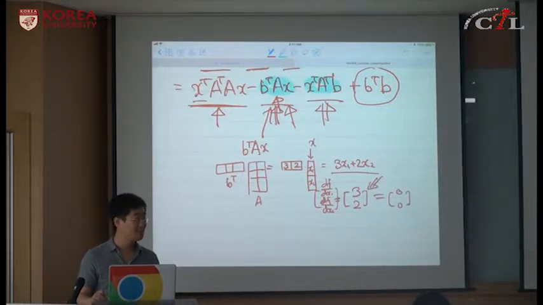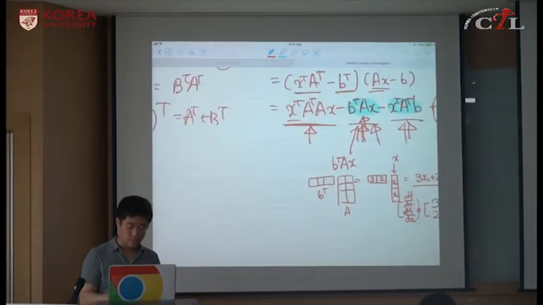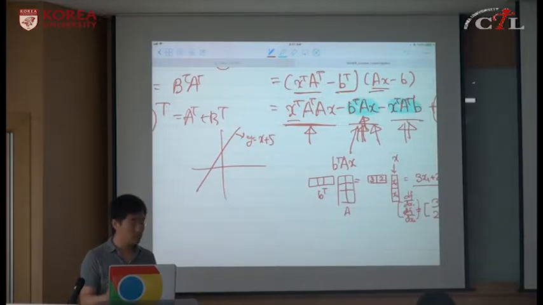But in this case, it is not even an equation, because it doesn't involve x1 and x2. So in that case, the solution may not exist. In general, a solution may or may not exist. This one is quite a simple case. What if we have y equals 2x plus 5?